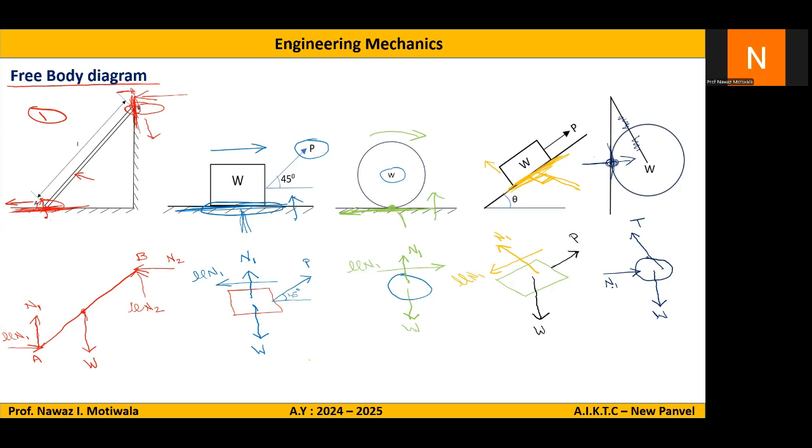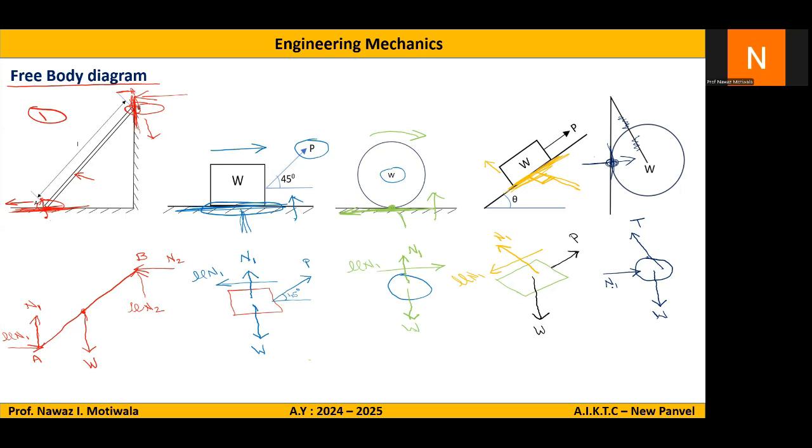So we have discussed 5 different cases in which we have drawn the free body diagram. I hope you have got the concept of drawing the free body diagram correctly. So just to summarize the things, the free body diagram is a diagram which is made by isolating the body from all the contacts.